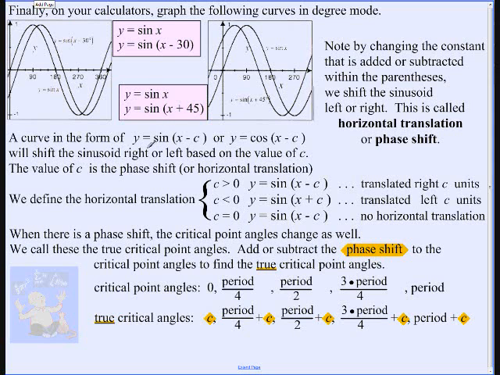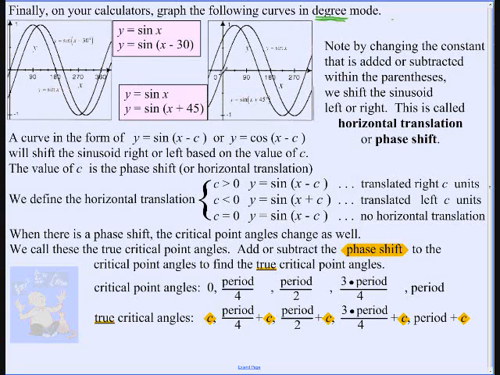On your calculators now, you're going to graph the following curves in degree mode. And let's look at what the windows look like. You should probably, for your window, what do you think? You want to be able to do both of these?